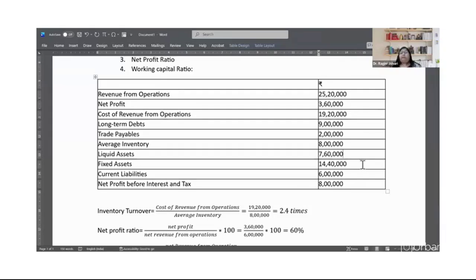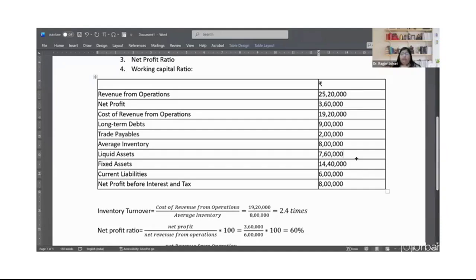So let me calculate this. Plus 8 lakh, so this becomes 15 lakh 60,000 here, minus 6 lakhs.